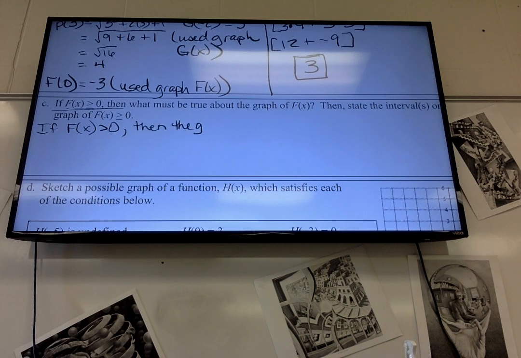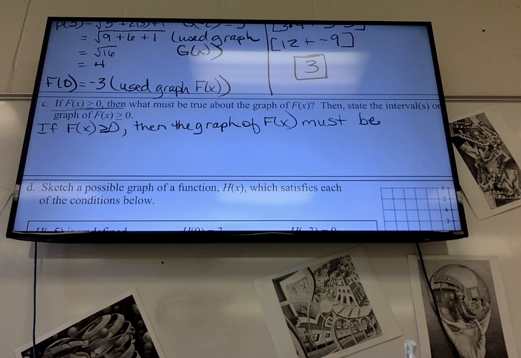then the graph of f of x must be what? If it's greater than or equal to 0, where does it have to be on that graph? If it was greater than, where is it in relation to the x-axis?